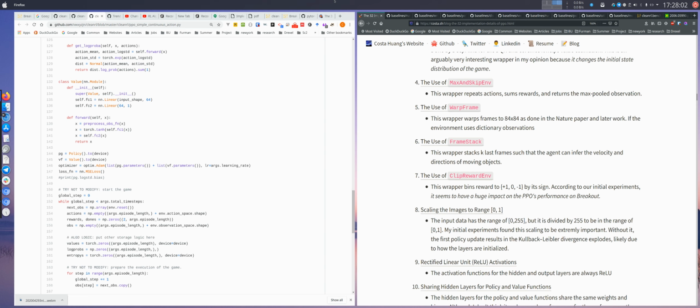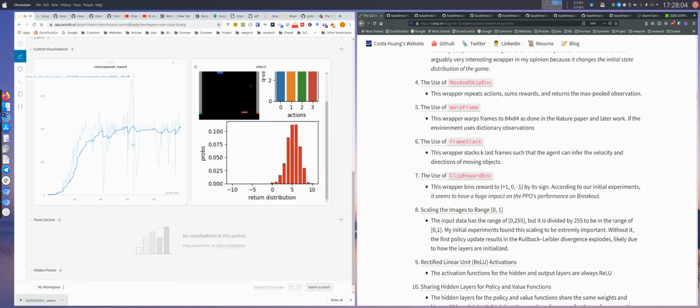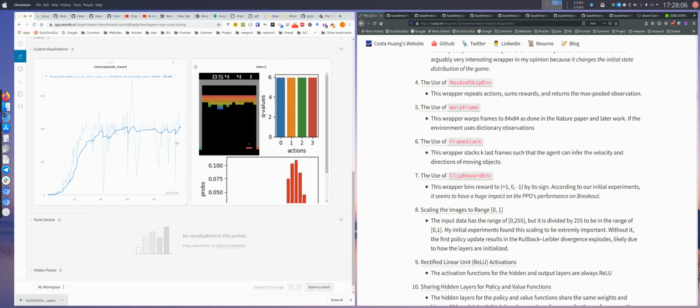That is actually the same thing with C51 as well. Using this wrapper, the agent is able to consistently reach about 400 reward, while if the reward is not clipped, the agent will usually achieve something like 350 or 330. But obviously, the C51 is not very well tuned, as shown over here.